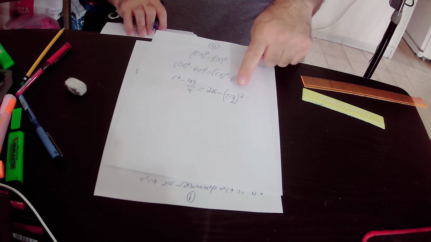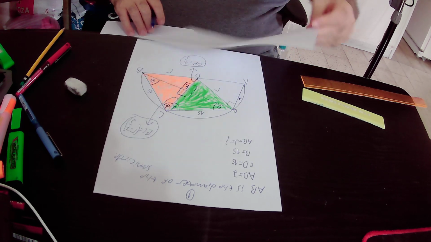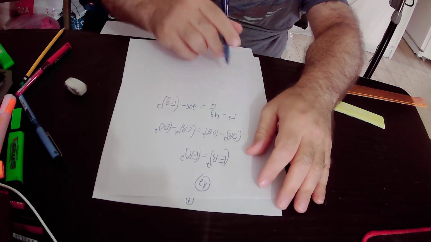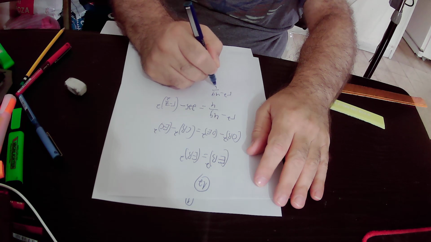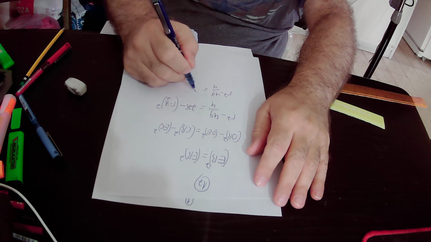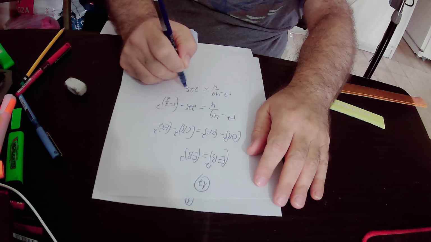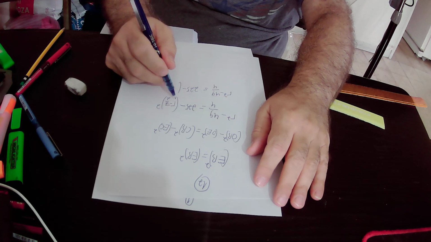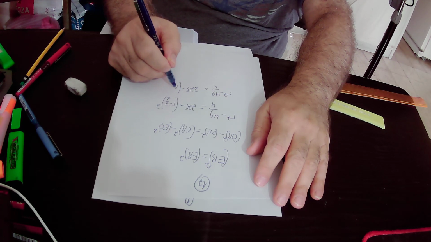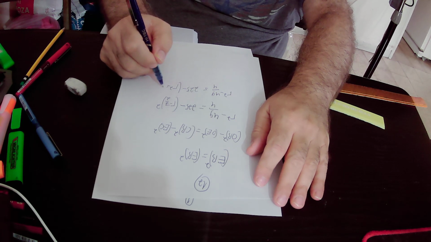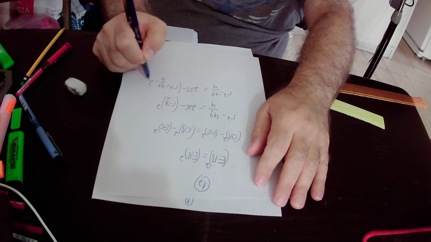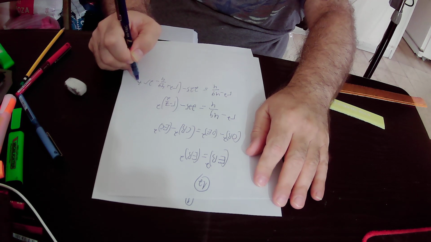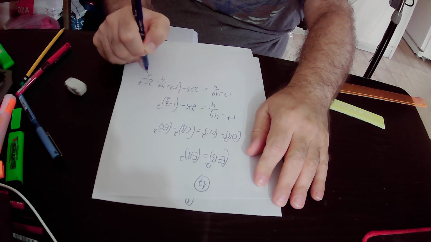So here we will open the brackets and we will get that R square minus 49 over 4 equals 225 minus R minus 7 over 2 square, which is R square plus 7 over 2 square, that is 49 over 4, minus 2 times R times 7 over 2.